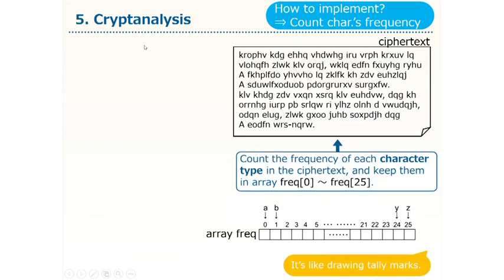This counting is like drawing tally marks. Draw a bar when you say the letter B appears. Then draw another bar if it appears again, like drawing tally marks.